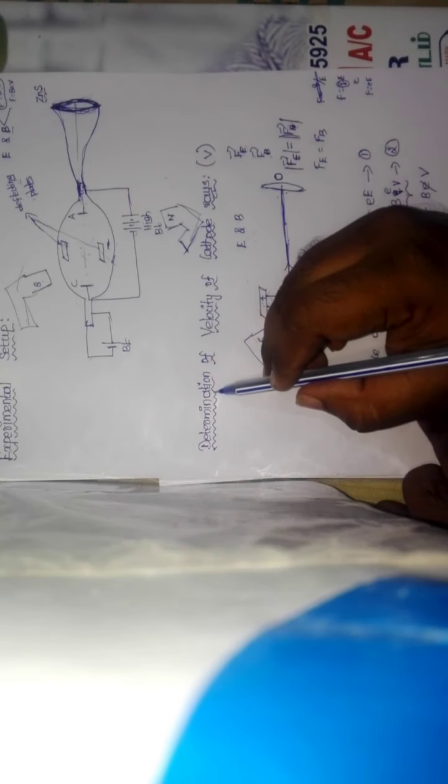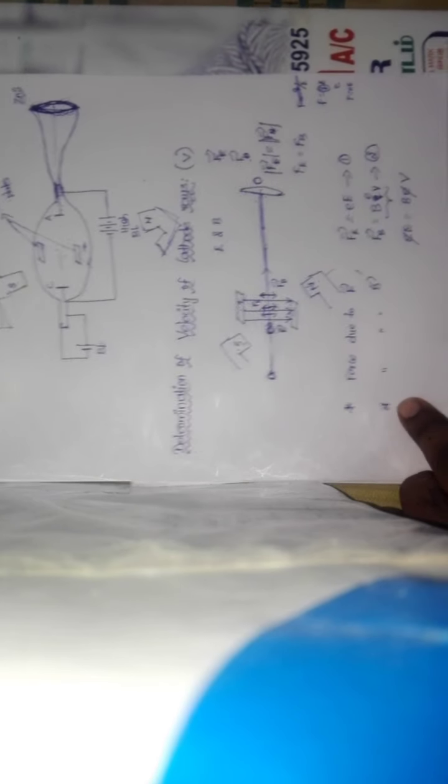Now these two are balanced, that is Fe equals Fb, so eE equals BeV. The e cancels. Our aim is to find the velocity, so velocity V is equal to E by B.